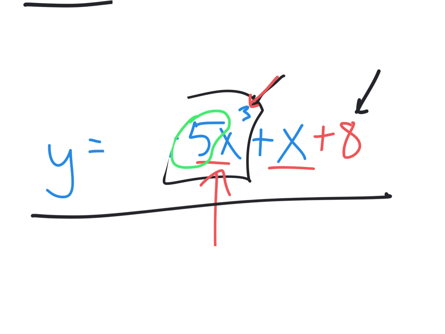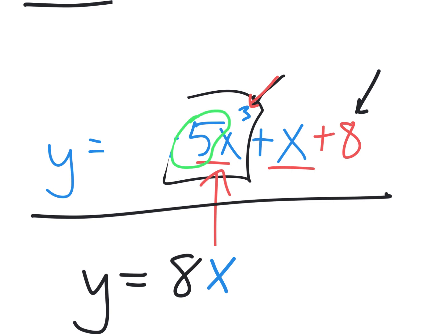Yes? Does the lead coefficient have to have a variable? Excellent question. If it doesn't have a variable, let's say it was just 8, it's still a polynomial, but it's not a coefficient because it's only called a coefficient if it's on an x. Know what I mean?